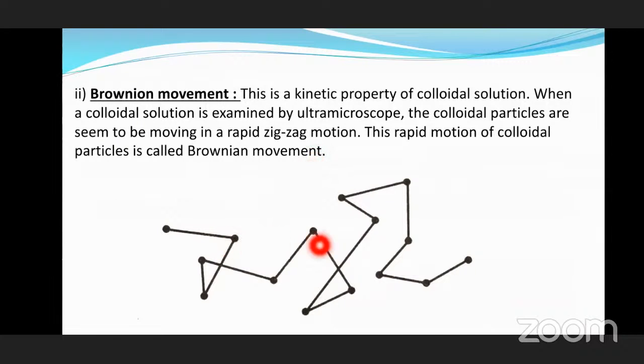Here, by viewing this diagram, we have to conclude that colloidal particles are always present in zigzag motion or irregular pattern. That's why this type of movement is called Brownian movement. This was also discovered by the scientist Brown. Therefore, it is called Brownian movement. Okay, next.